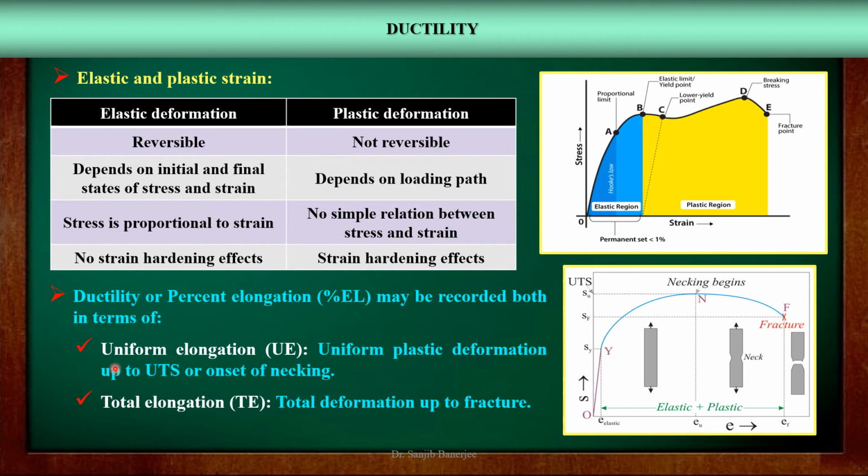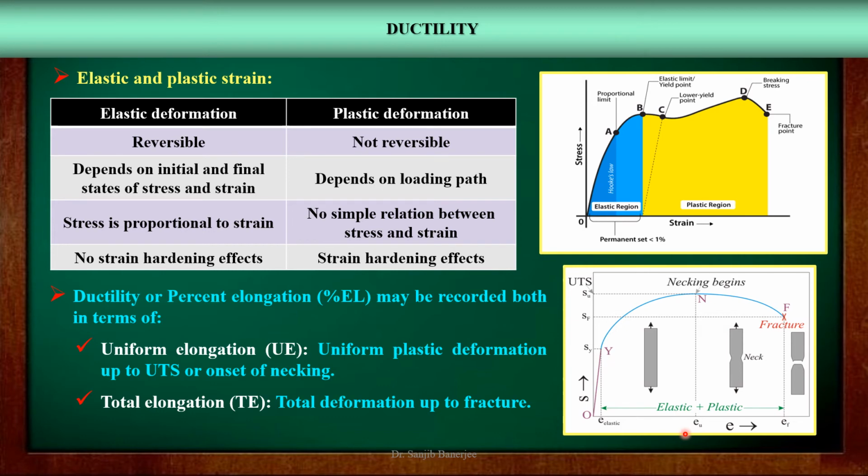So, the uniform elongation is a uniform plastic deformation up to the point of ultimate tensile strength or UTS or the onset of necking. So, in this figure, it is indicated by EU.